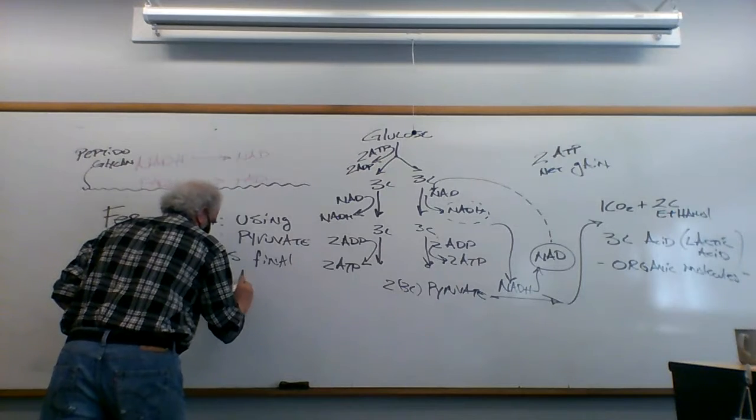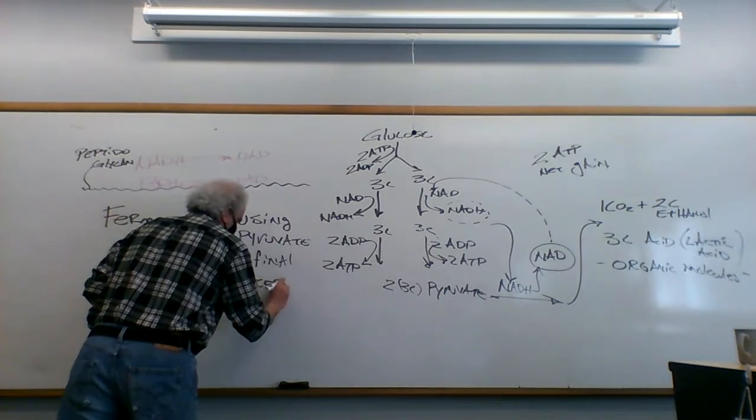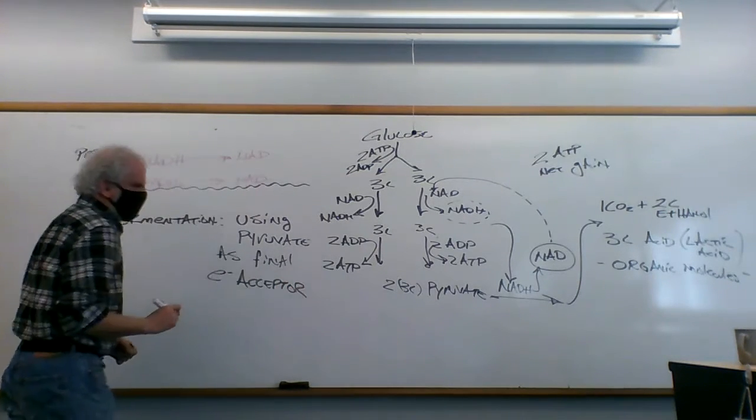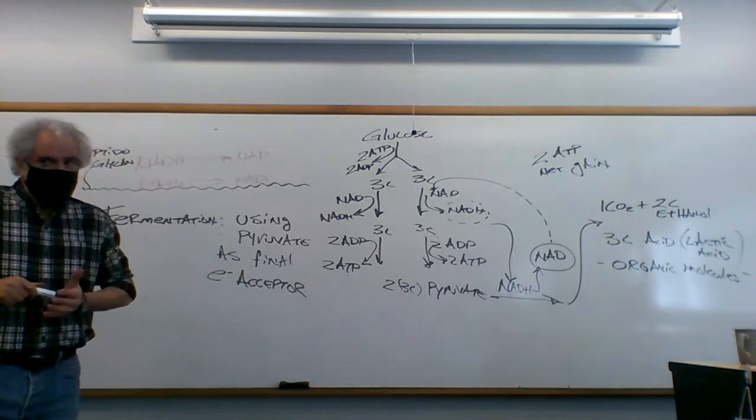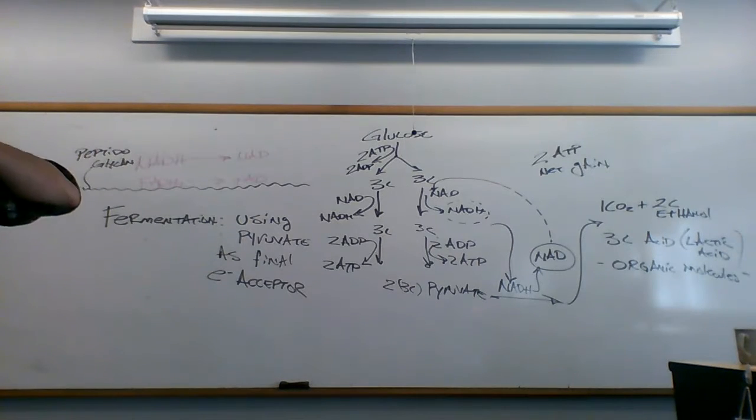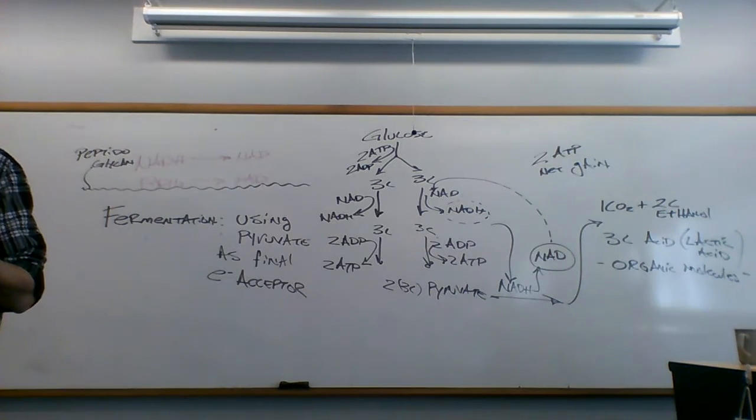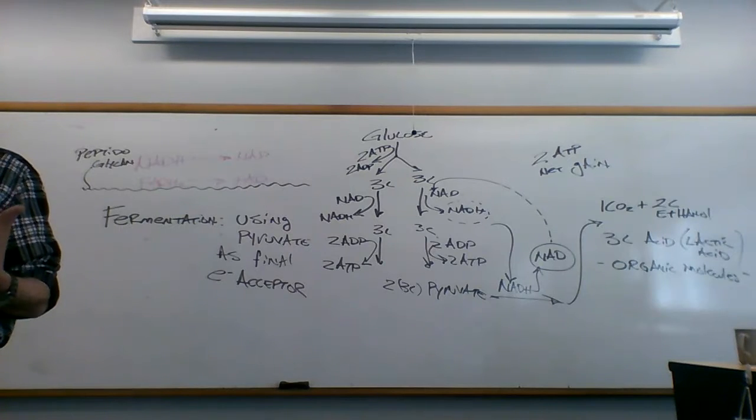And it is a temporary fix for most organisms. You and I, if we go into fermentation, we begin producing lactic acid. And if you do this for too long, probably in a real serious sense for maybe 10 or 15 minutes, you go into lactic acidosis.